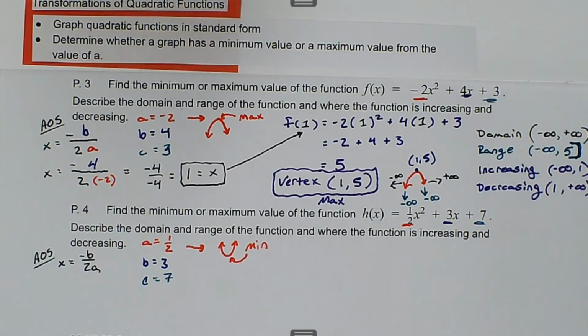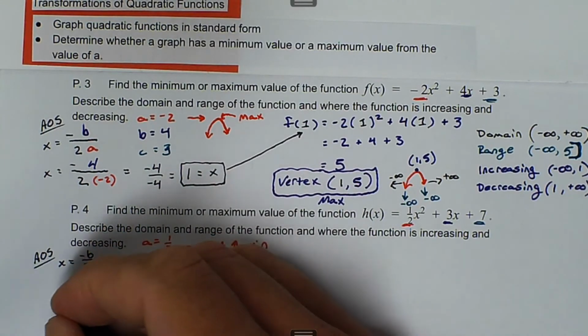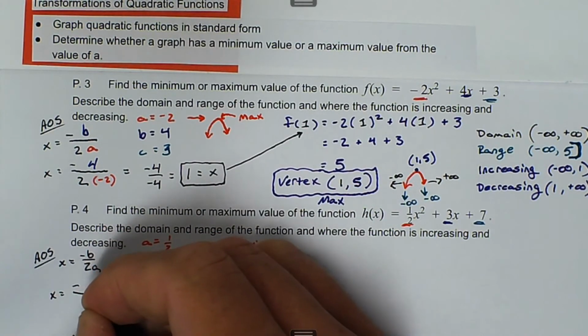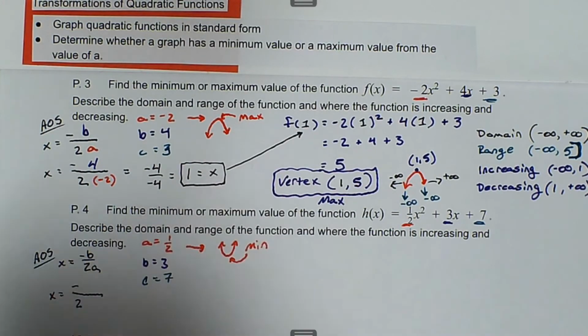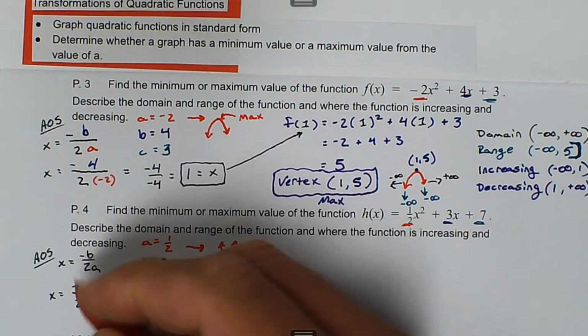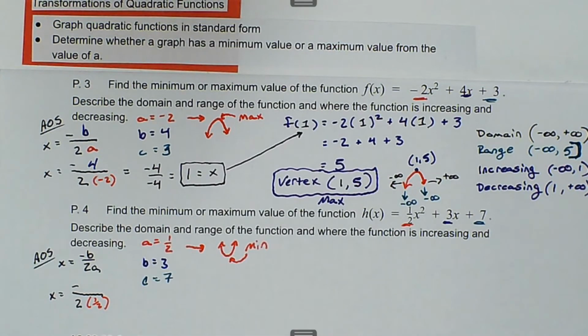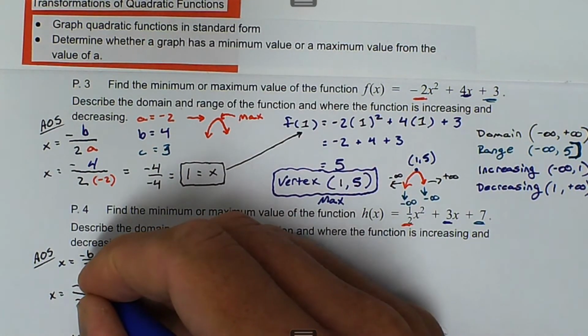So we can substitute those values into the equation, and we get x is equal to the negative stays, the divide sign stays, and the 2 stays. The things that change are the a value becomes 1/2, and the b value becomes 3.